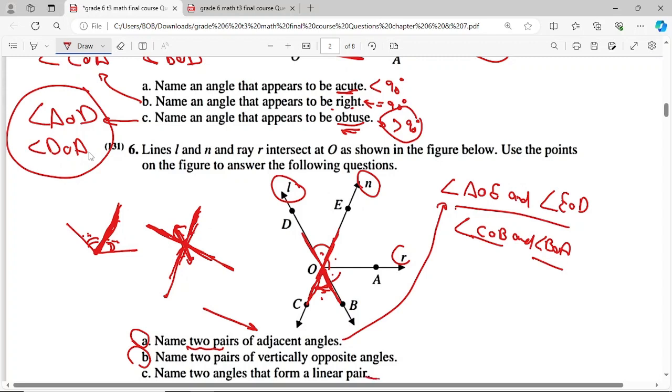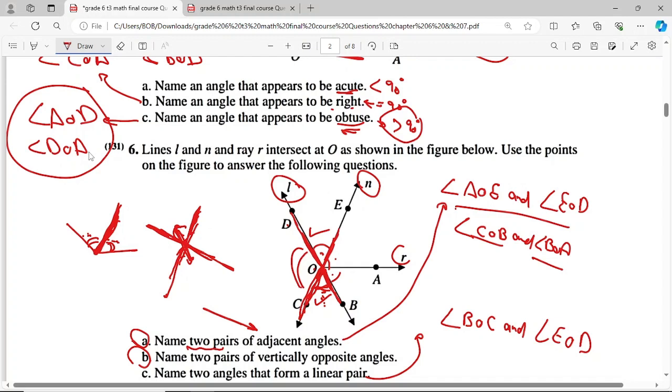So one angle will be POC. This is the one angle, and the opposite of this angle is EOD. Okay, these are two opposite angles. Is there any other opposite angle? Let's take this angle DOC. How can we get the opposite angle?